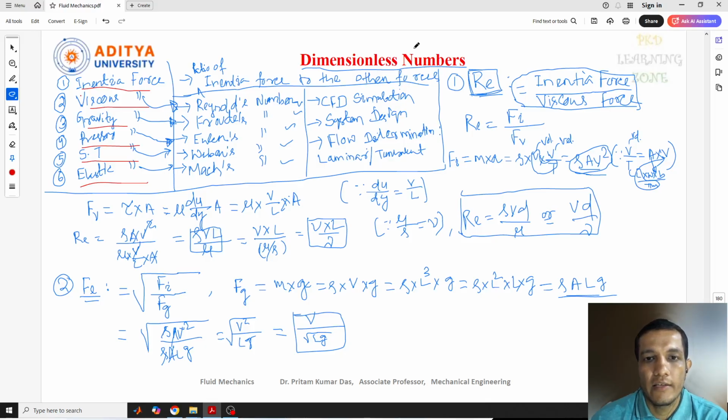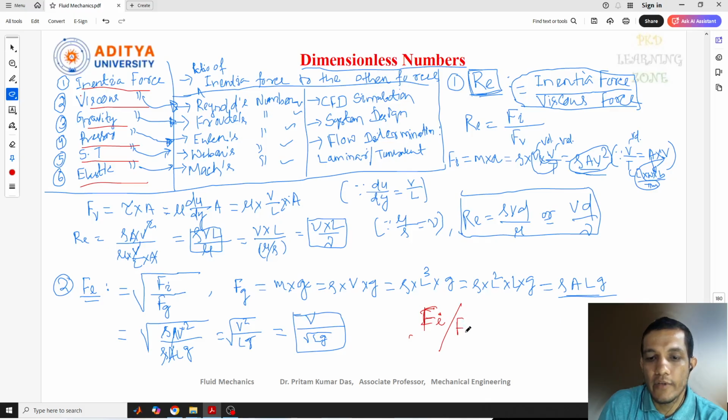Along with that, 2 or 3 concepts we need to remember. As I told you, first, this is the ratio of inertia force to the other forces. That means always in the numerator, inertia force is fixed. And in the denominator part, whatever force you want, you can put.